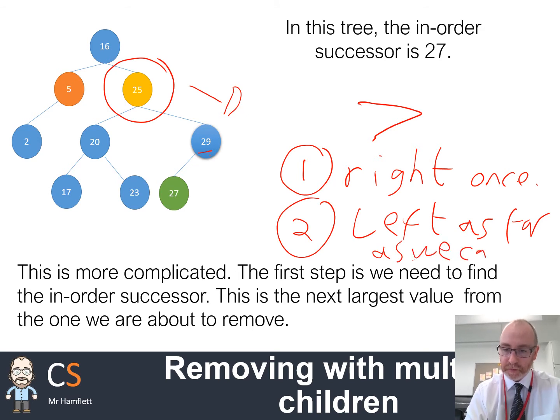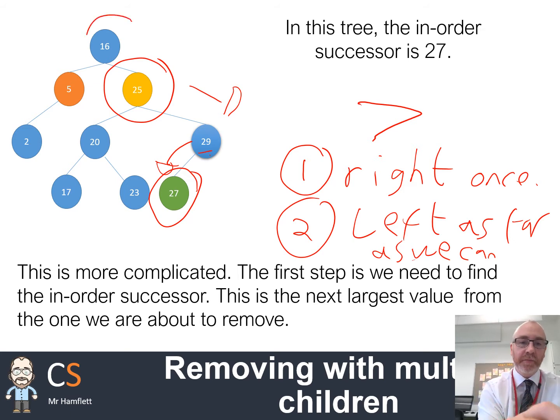So if we follow that logic, we go right once to 29, then we go left once because we can't go further left, and 27 is our in-order successor. If you look logically at the tree, 27 is the next biggest number, isn't it? So that's how we find it.